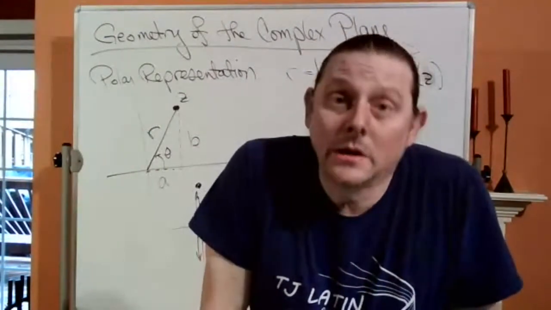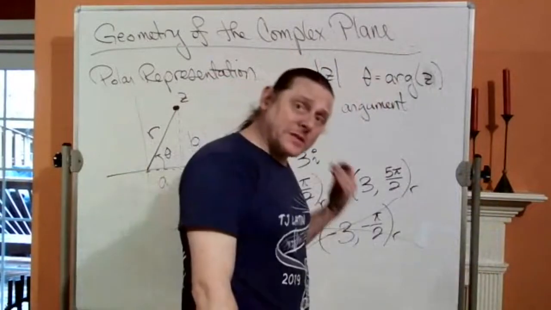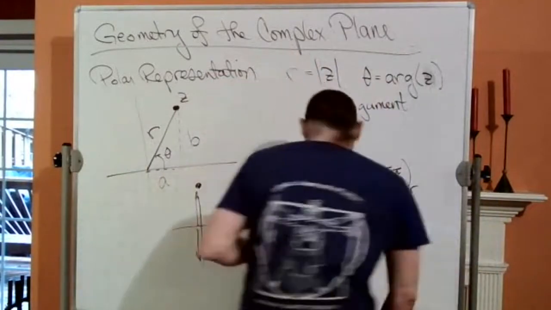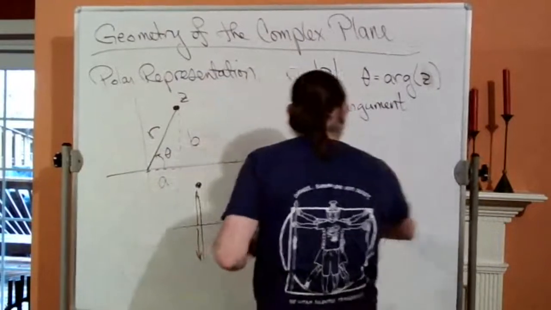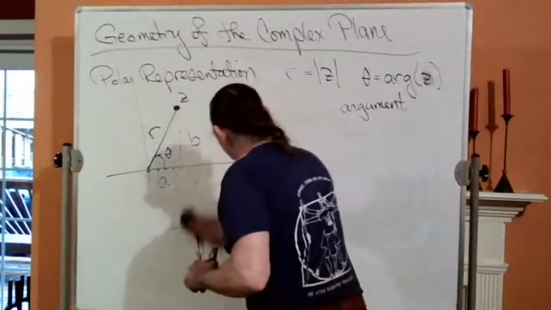Now, sometimes that's awkward. So if we want a specific choice, then we're going to use the so-called principal argument.